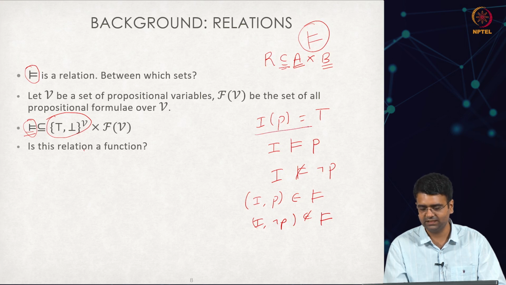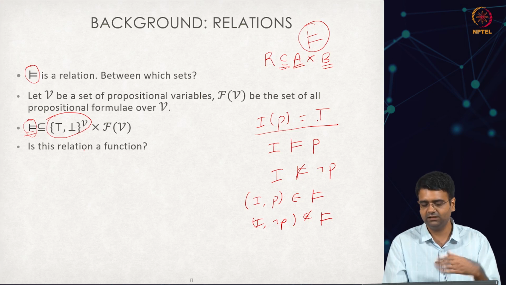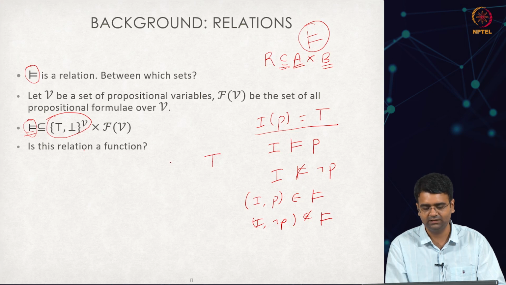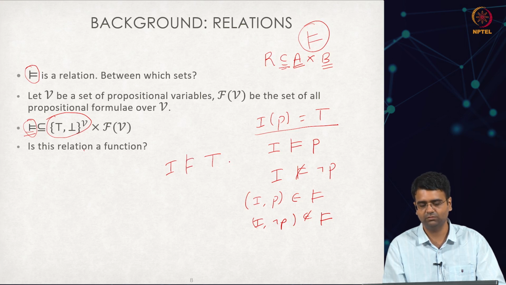So if you just take this particular interpretation I, which relates to the formula P, which evaluates to the truth value true, is there another formula which also evaluates to true under this particular interpretation I? I can simply take the formula true itself. So true by itself is a formula, and I know that under this interpretation, I is a model of true.